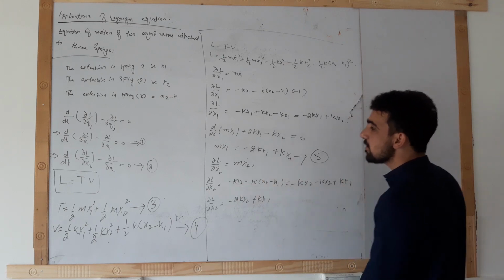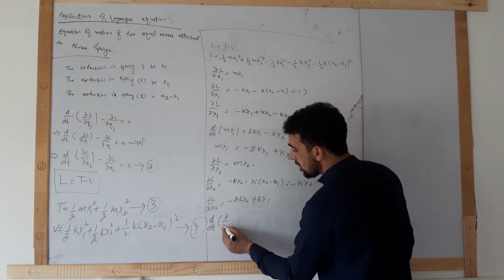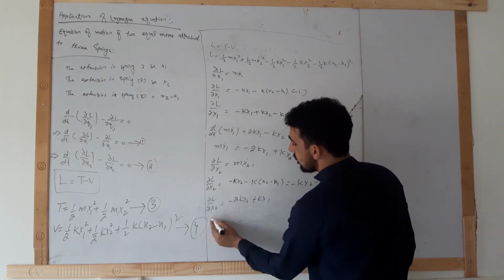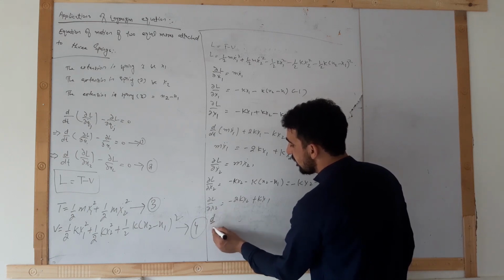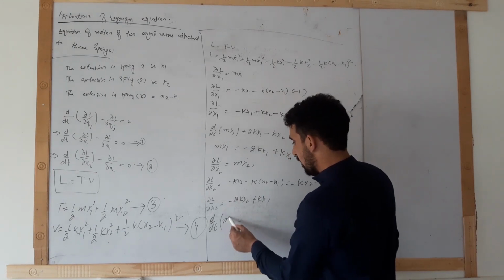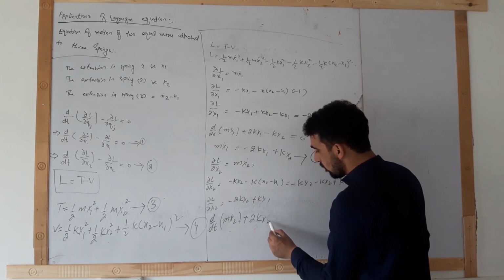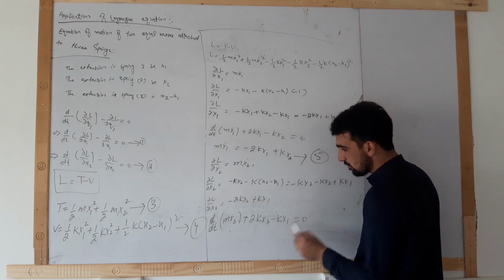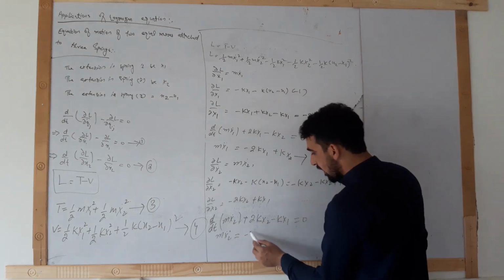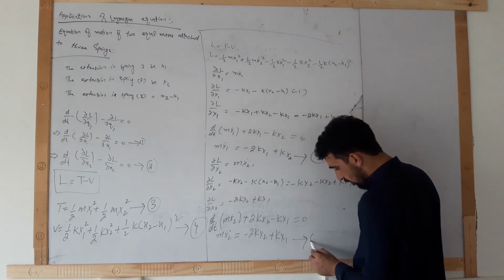Substituting these values in equation number 2, we have d by dt of m x2 dot plus 2k x2 minus k x1 is equal to 0, and this is m x2 double dot is equal to minus 2k x2 plus k x1. This is equation number 6.